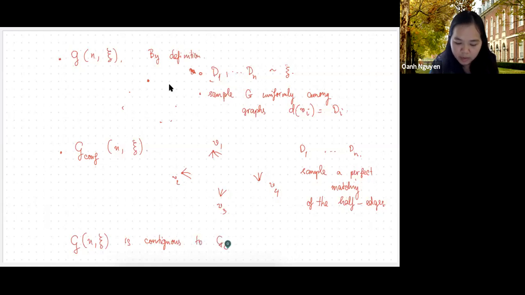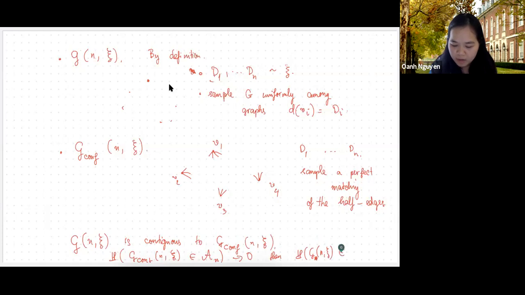What that means is that if the probability that the configuration model belongs to some set A_n goes to 0, then the same happens for G(n, xi): the probability that G(n, xi) belongs to A_n also converges to 0.